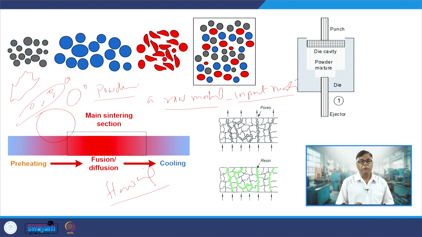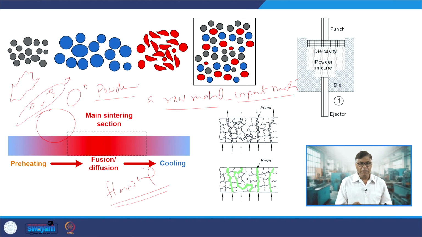You see, powders must flow and fill the cavity, the cavity corresponding to the shape of the product to be made. Okay. So, the flowability of the powders is important for making products of complex shape especially. Okay. So, these powders can be made using a variety of approaches.